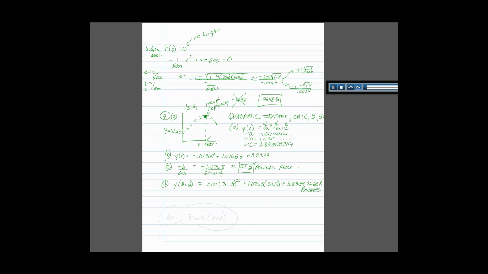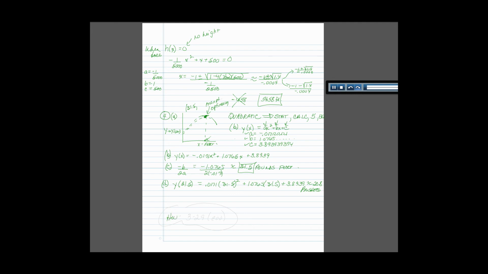You could also find this out by using your table function. So if you went back to second table and you went down and you looked at your list 1 and list 2, you would be able to see where it maxed, where the maximum number of bushels was, and at what X value that was.